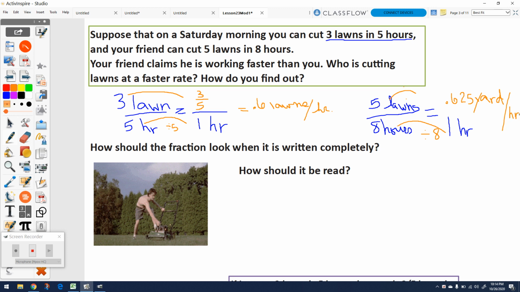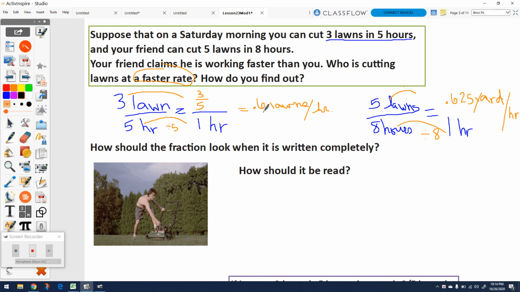All right, so as we take a look at this, we now need to compare who does it faster. Well, since they're both per hour, we need to look at which one did more per hour. In this case, the 0.6 would be the same on both of them.